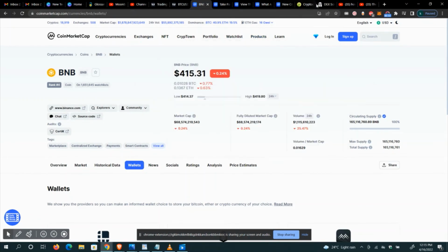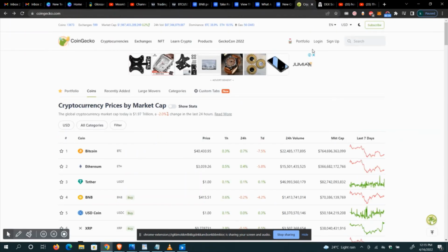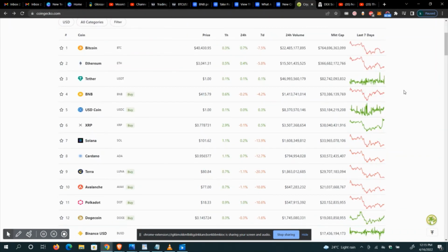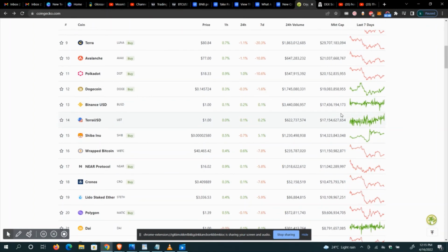The next thing is CoinGecko. There's not much difference between CoinGecko and CoinMarketCap, just different names, but it's definitely the same thing. So the explanation I've made for CoinGecko is applicable to CoinMarketCap.